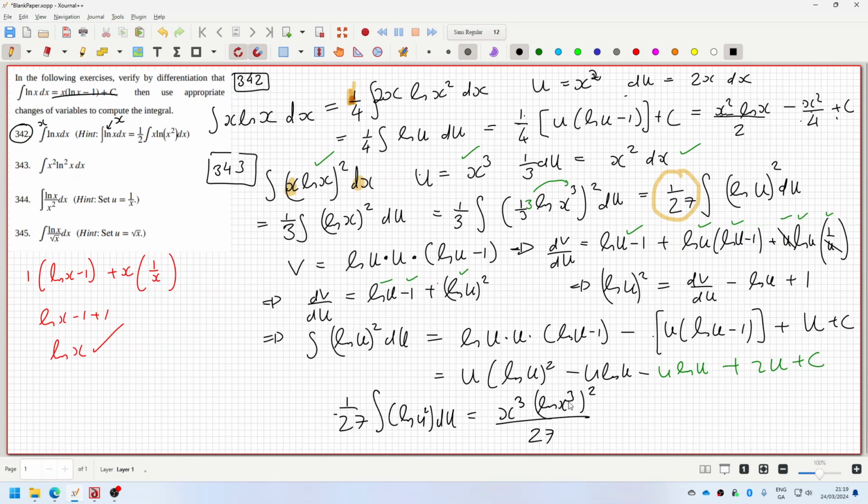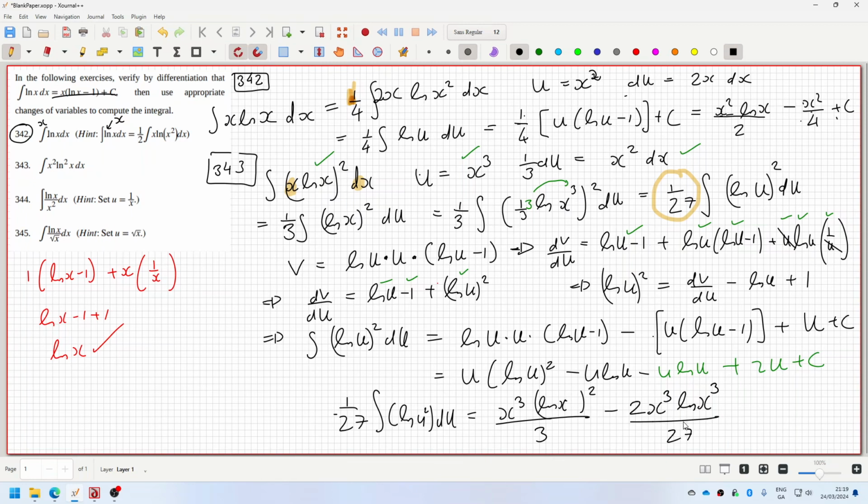But I can take the 3 out as a 9, and then divide by 9, so that becomes 3.